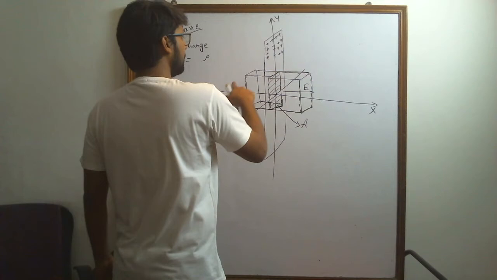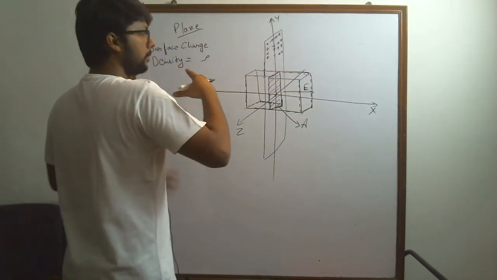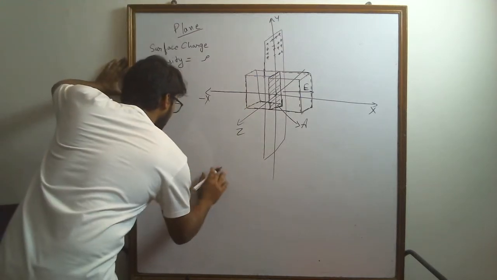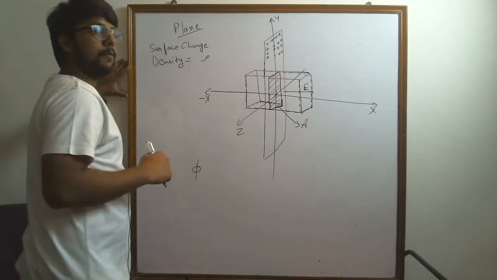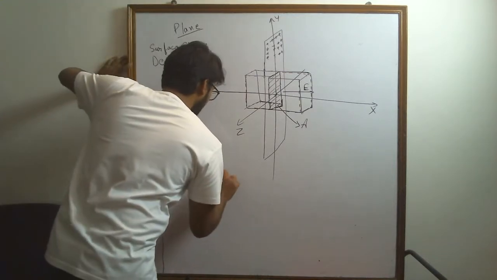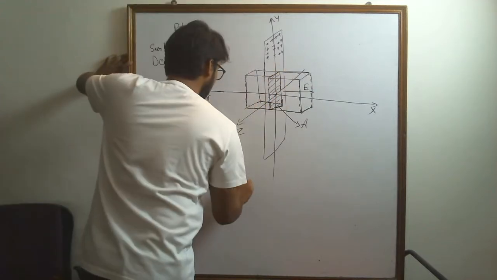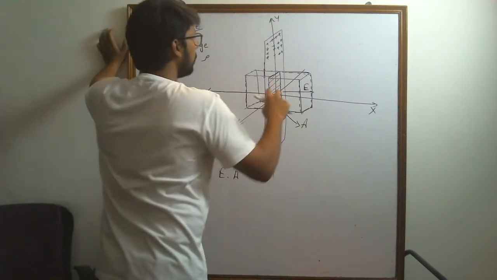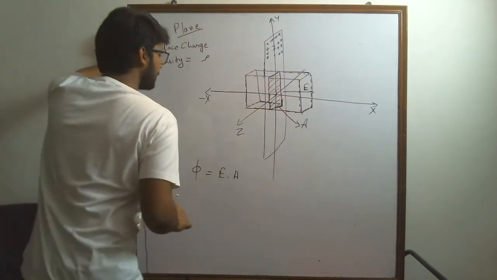So only this and this face will have the flux moving outwards. Now we'll use Gauss law to get our flux. Flux is simply the electric field, which is what we want to find, into the area passing through it. Where is the flux moving from? This and the back side.